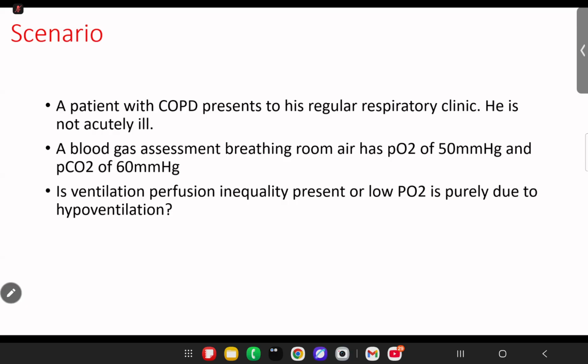I'll give you a couple of minutes to figure out a way to answer this question. This is not a typical exam question, but this is very important. If you understand this, then you have understood a lot of physiology and you will use it in your clinical practice. Try to figure out how to check whether there is any other VQ inequality.